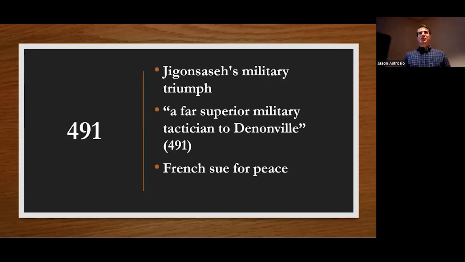I don't know if you remember Denonville at all. In New York State, I think he's the person who attacked upstate New York from the French side. So that's how we see him from us. But in this story, it's much more of a story of how he eventually has to sue for peace to the indigenous societies.